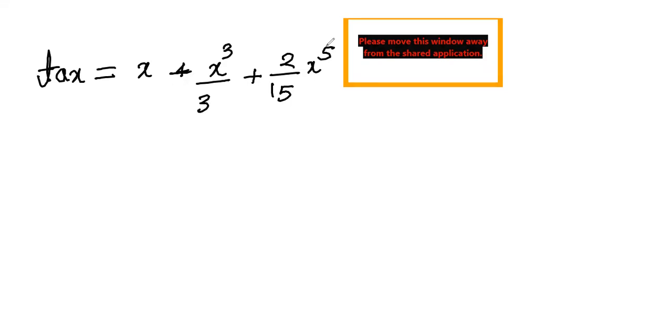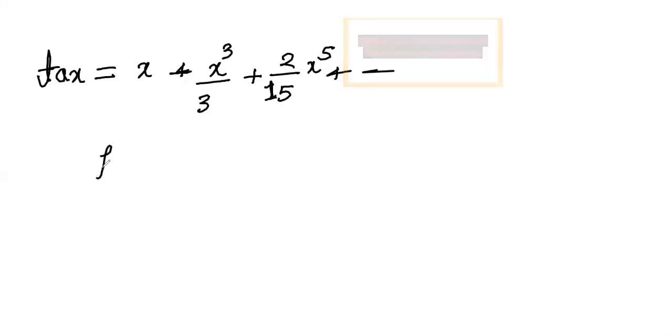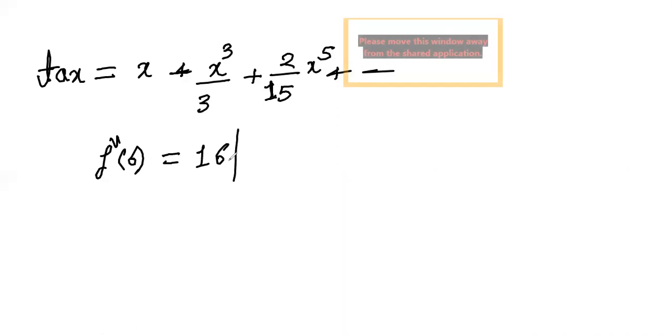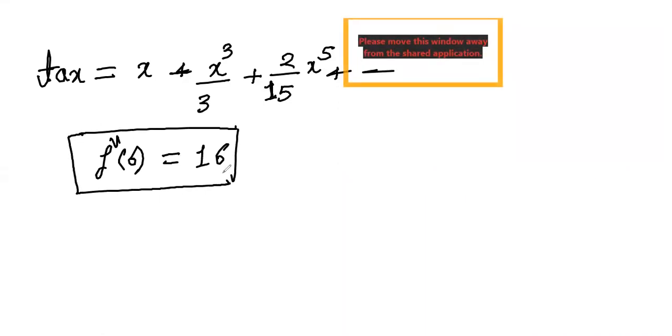So the coefficient of x to the power 5 will be 2 upon 15. But f 5 times 0, from differentiation of the function 5 times and then putting x equal to 0, we will get 16. Okay, please correct it.